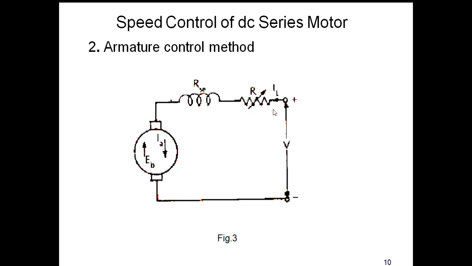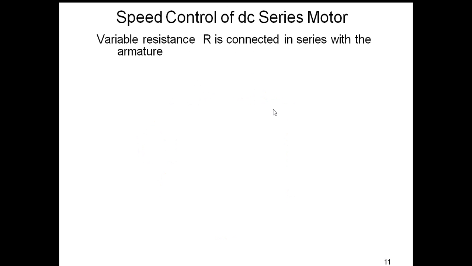Rheostat is nothing but a variable resistance. Its resistance can be varied. Here a variable resistance R is connected in series with the armature.